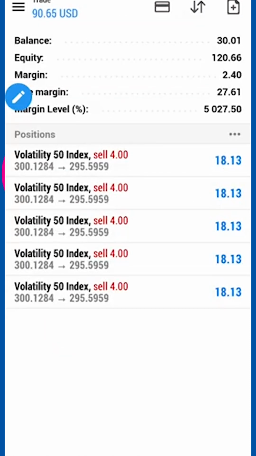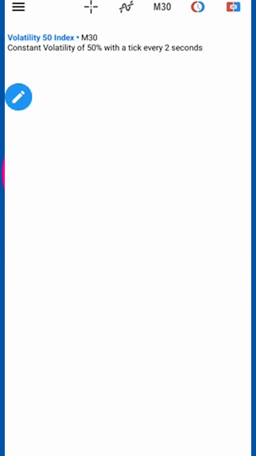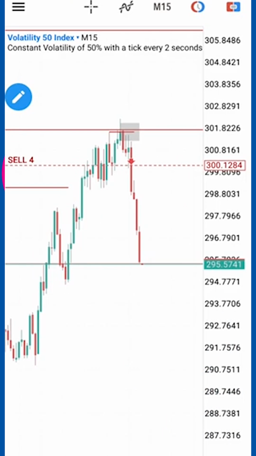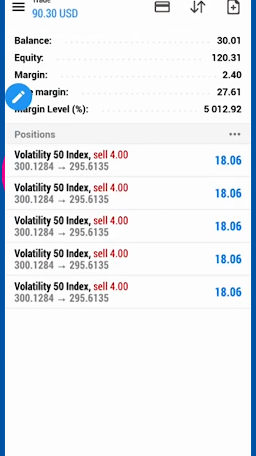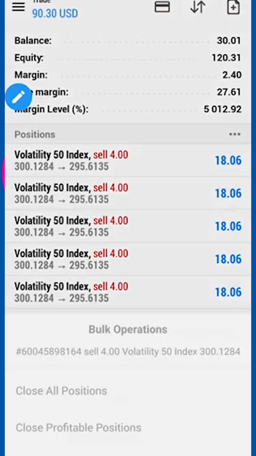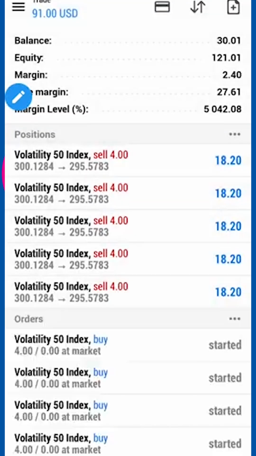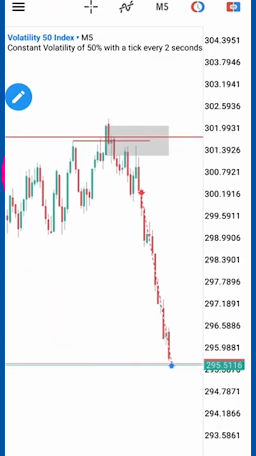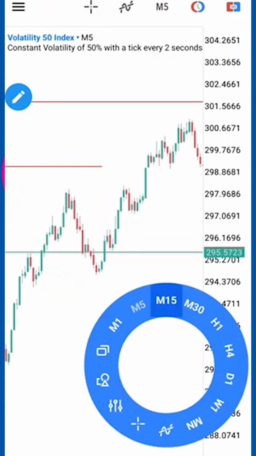From 30 USD we're in 90 USD profit, and this time, since we had reached 100 USD balance, I decided to close at 120 USD, and we have to move on to our next setup, which is on VIX 10 index.